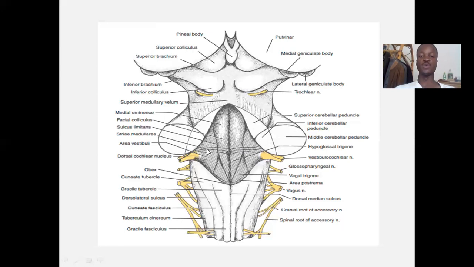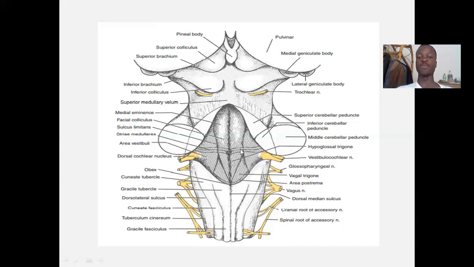Some of them will then use this stria medullaris, entering the cerebellum via the inferior cerebellar peduncles. Because remember, the medulla is attached to the cerebellum via your inferior cerebellar peduncle, then the pons via the middle, then the midbrain via your superior cerebellar peduncle. Right.